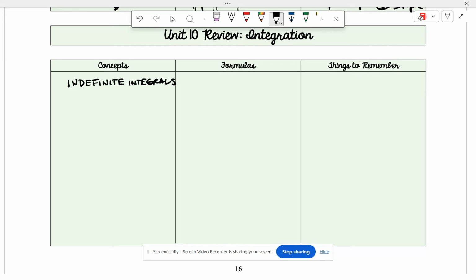Anybody know what an indefinite integral looks like? Tell me what kind of things it has and what kind of things it's missing.